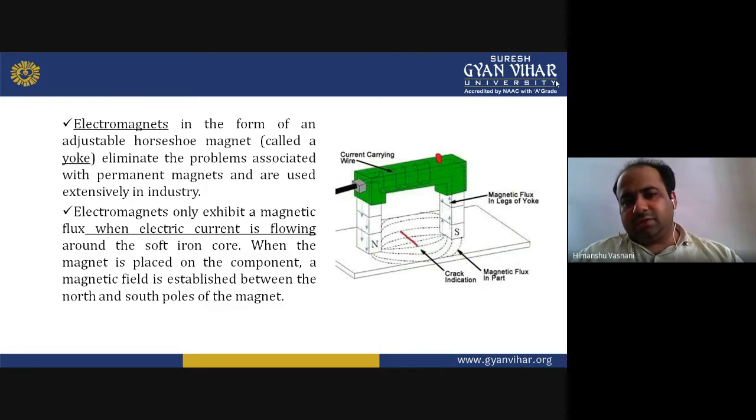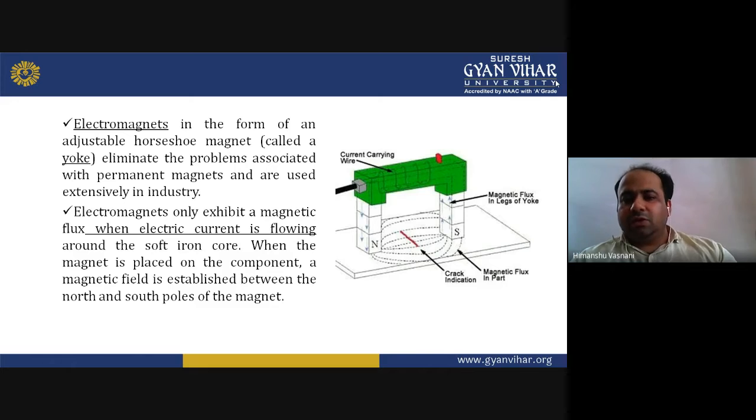So electromagnets only exhibit a magnetic flux when electric current is flowing around the soft iron core. So when the magnet is placed on the component, a magnetic field is established between the north and the south pole of the magnet.